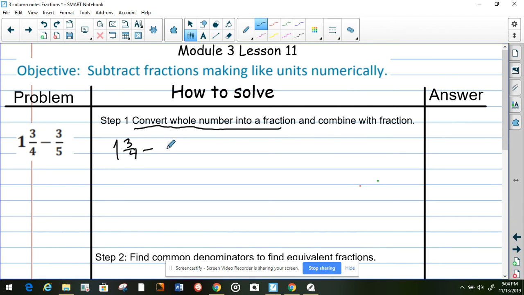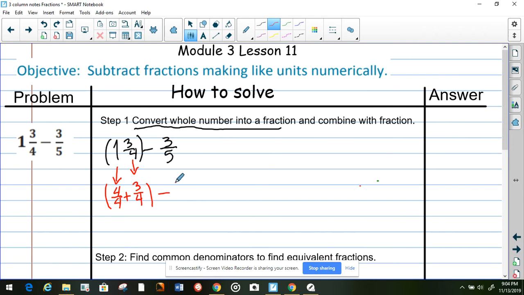So here is the mixed number minus the fraction here. And what I was telling you that I was going to show you is this right here. We're going to convert it. So the 1 is going to turn into 4/4, and we add the 4/4 to the 3/4 that are there because they compose one single number, which is the mixed number.